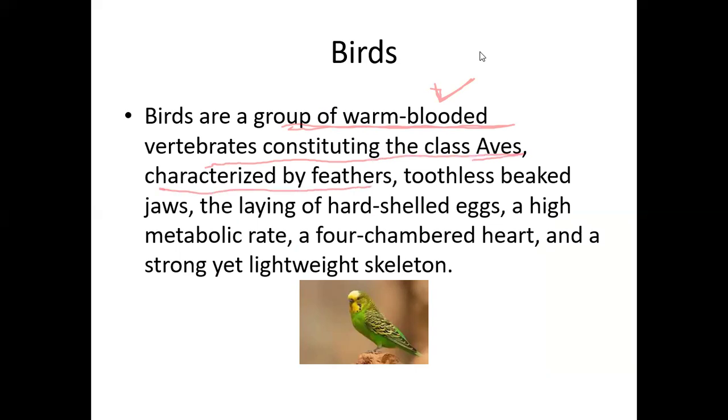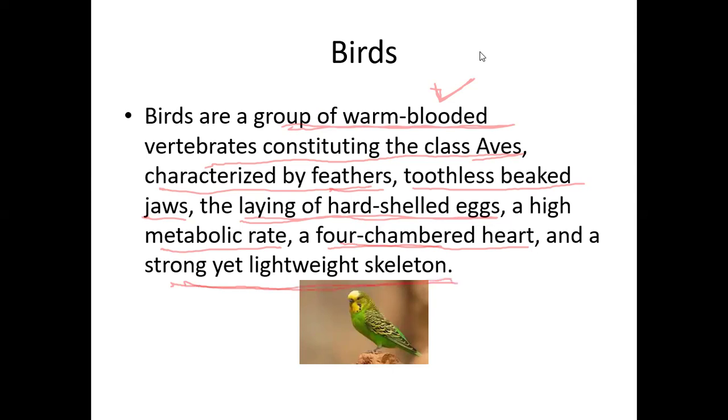They have feathers on their body, toothless beaked jaws, yes, they have beaks, the laying of hard-shelled eggs, a high metabolic rate because they are warm-blooded, a four-chambered heart just like human beings, and a strong yet lightweight skeleton.